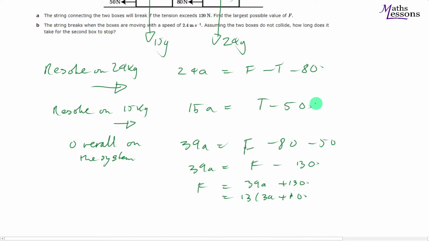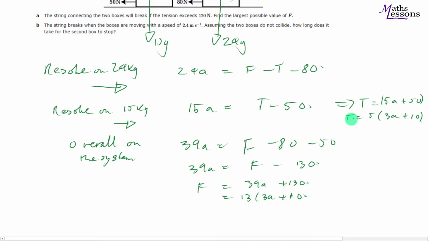Now, if we rearrange this one here, we can see that T will equal 15A minus 50, plus 50 even. And if we take out a factor of 5A, we can see that T equals 5 open brackets 3A plus 10.